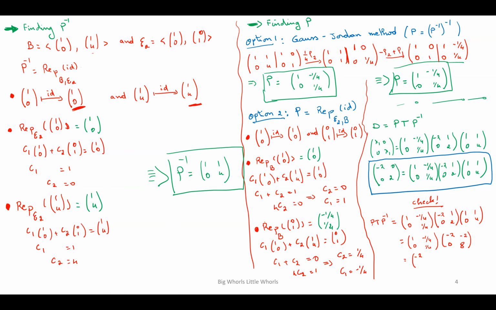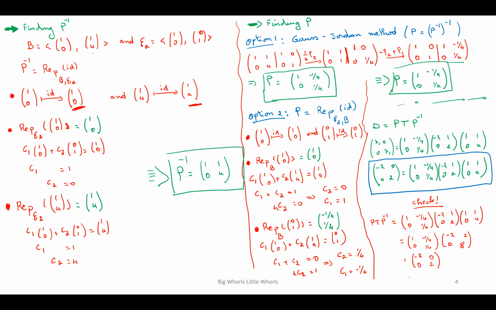Minus 2 multiplied by 1 is minus 2, plus 4 is 2, not minus 2. So here it is plus 2. Then 2 minus 2 is going to be 0 here. This is 0, and a quarter multiplied by 8 is 2.